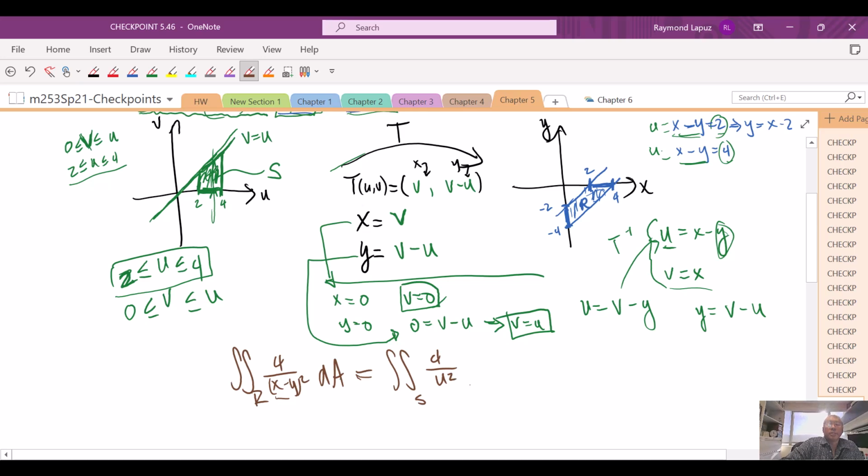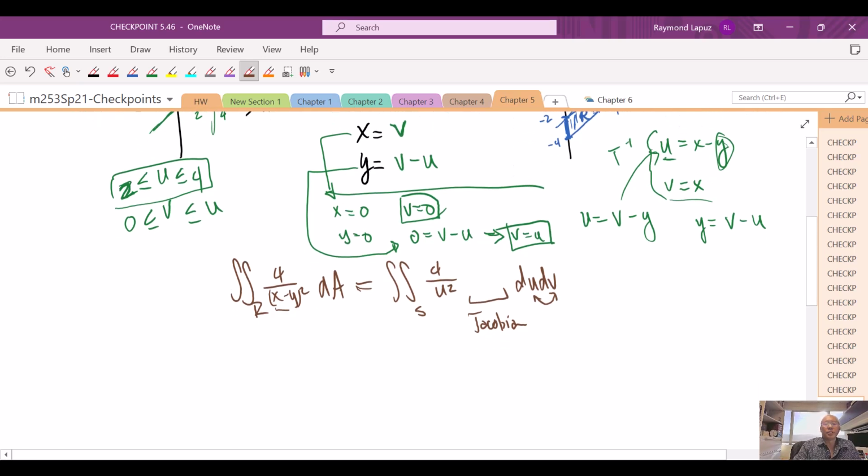And then instead of a dA, we have a Jacobian, which we have to compute. And then now we get du dv in whatever the appropriate order is. And so the order still has to be determined, especially since I'm looking at this and saying, okay, one of the limits is not constant. So it looks like v is going to go first, so I probably want to switch the du dv.